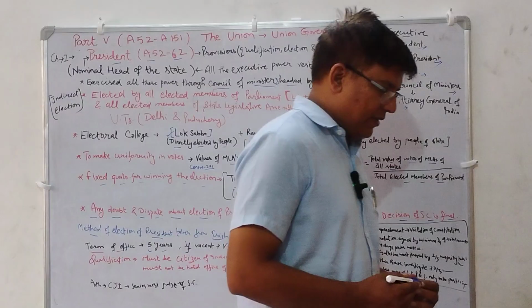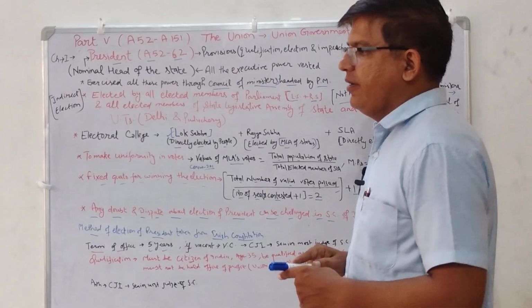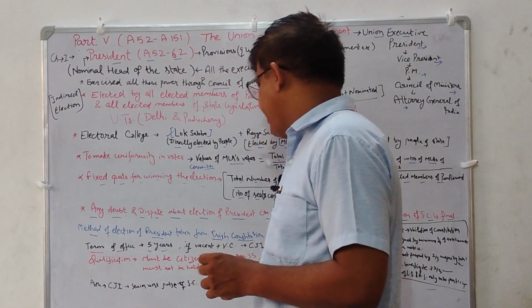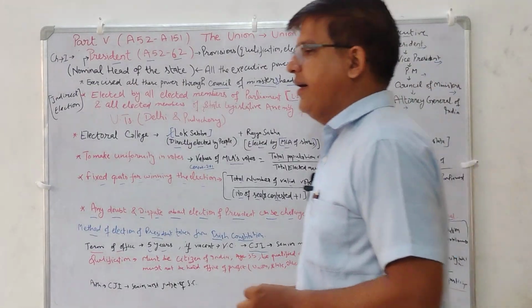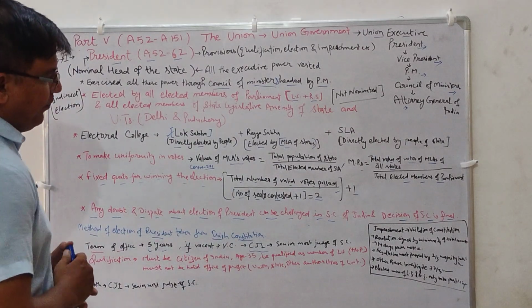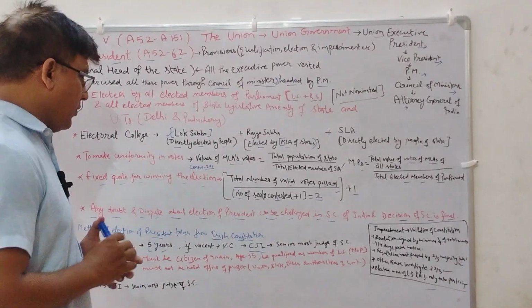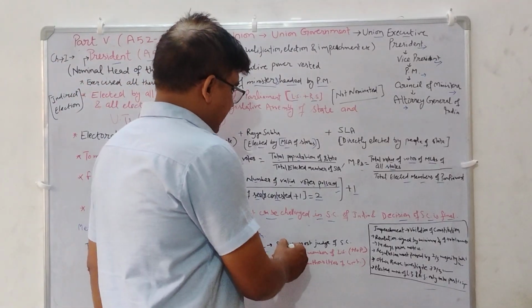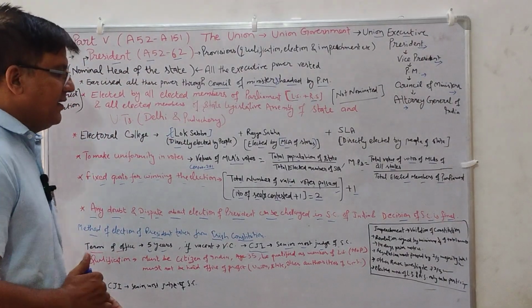If the office of the President is vacant and the office of the Vice President is also vacant, then the Chief Justice of India can work as President. And if the office of the CJI is also vacant, then the senior-most judge of the Supreme Court can work as President.